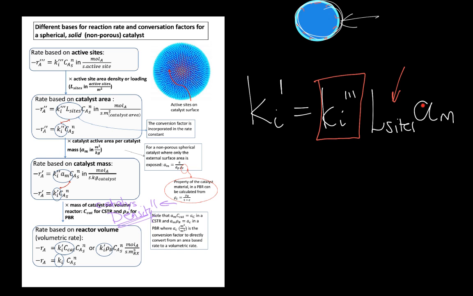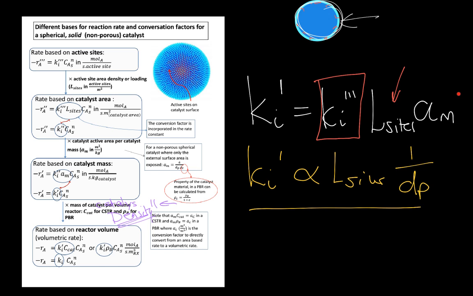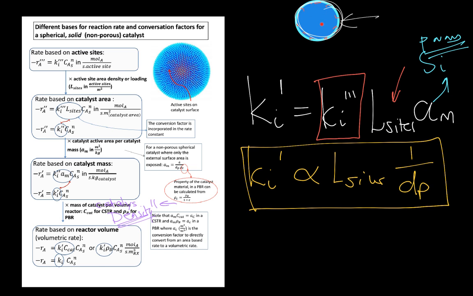For my solid catalyst, it is going to change with AM and therefore also be inversely proportional to my particle diameter. Once again, note, for the porous catalyst, we are going to replace AM with SI because most of our catalytically active surface area will be inside this porous catalyst matrix.